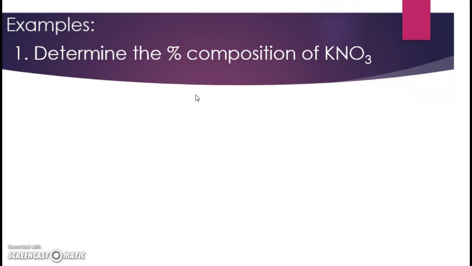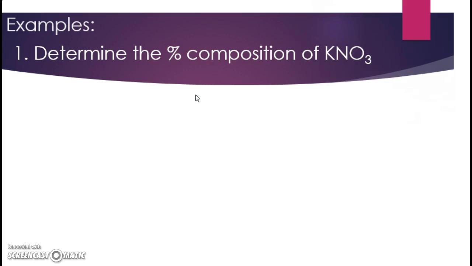So potassium has a mass of 39.10, nitrogen has a mass of 14.01, and we have 3 oxygens, each with a mass of 16.00. Alright, so if we add these all up, the molar mass that we're going to get is 101.11 grams per mole.